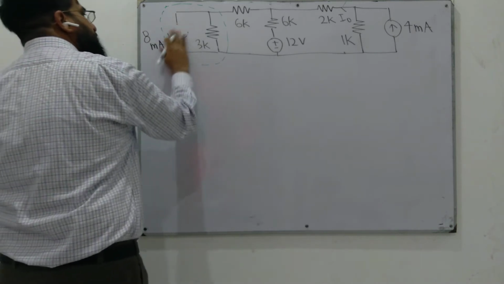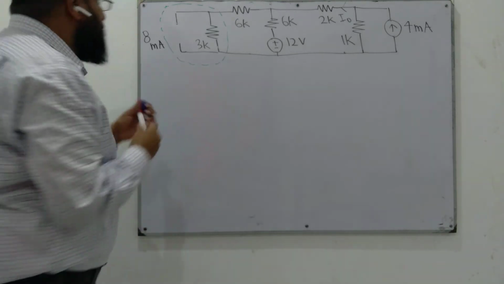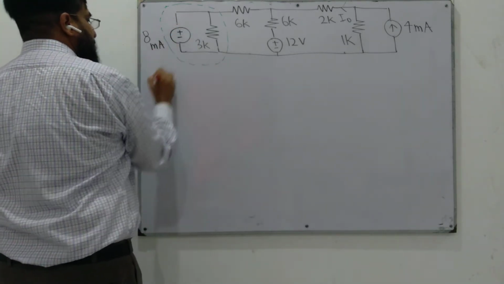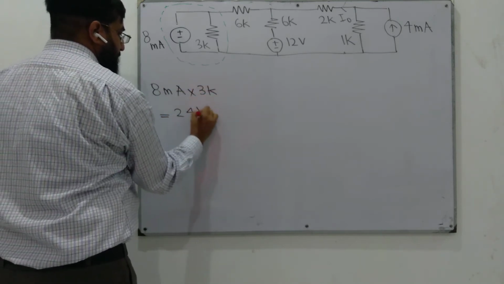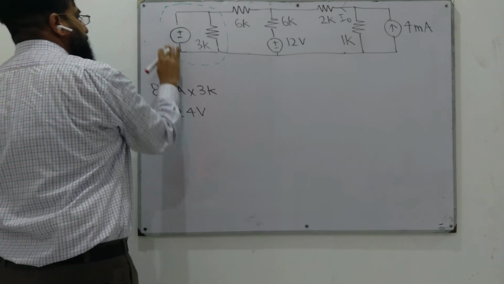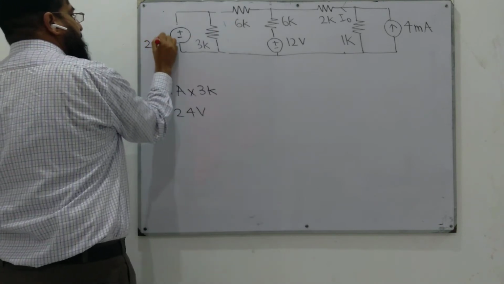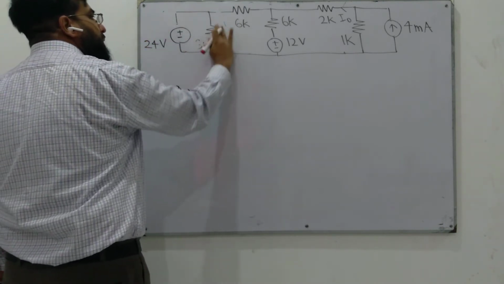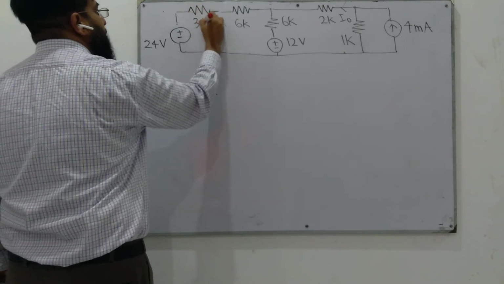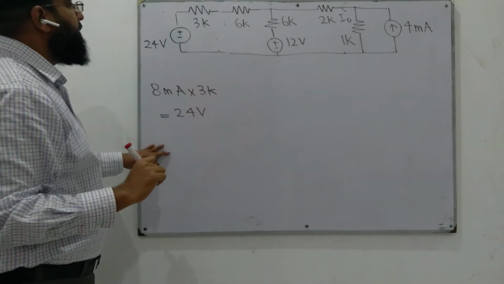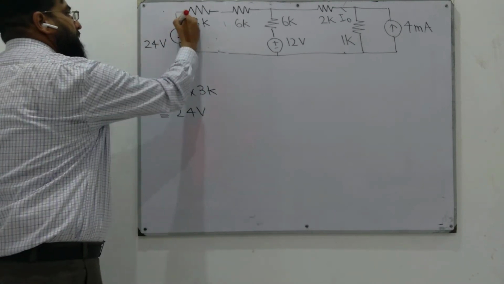If we replace it with a voltage source, the magnitude of the voltage source would be 8 milliampere times 3K, 24 volts. So this becomes 24, and the same 3K would now be in series instead of in parallel. So we have replaced a Norton's equivalent into a Thevenin's equivalent.